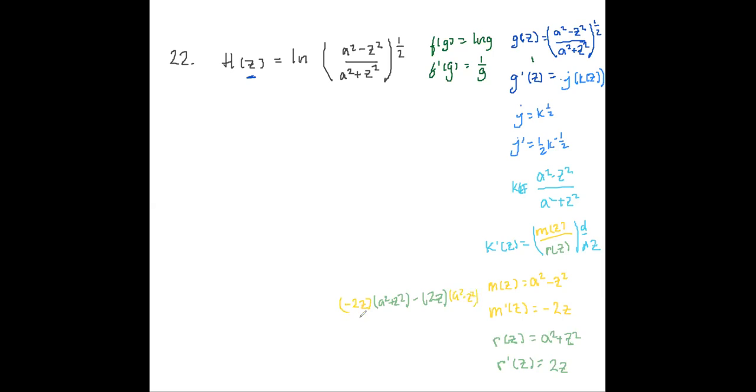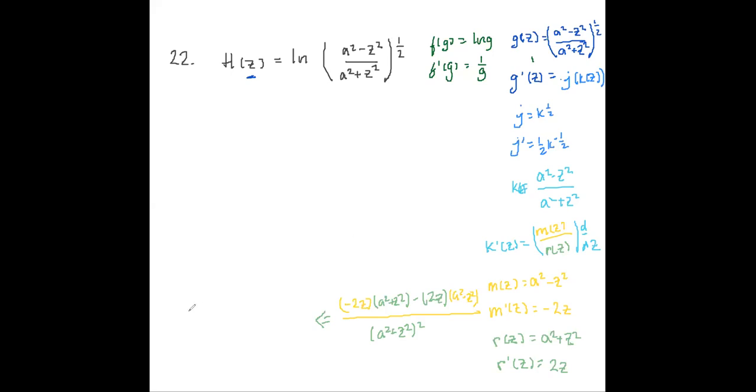And this is going to be over a squared plus z squared. I would distribute this out to see if I can get anything to simplify out, because I'm really hoping that it won't be this nasty the whole way through.